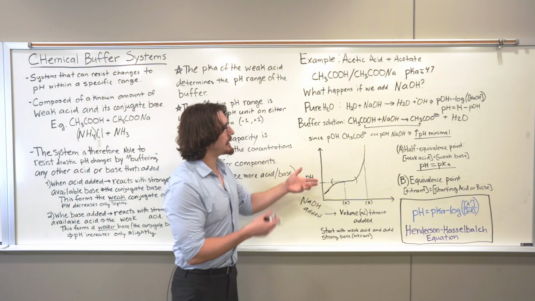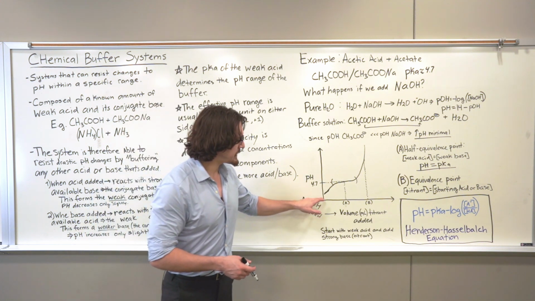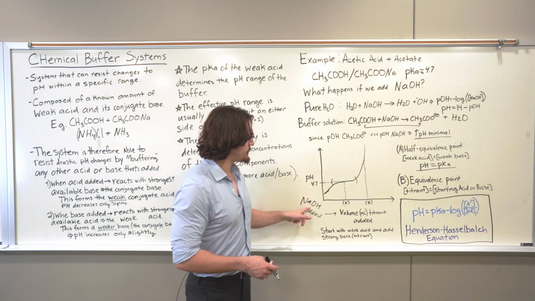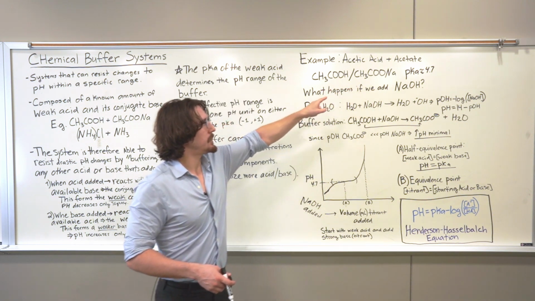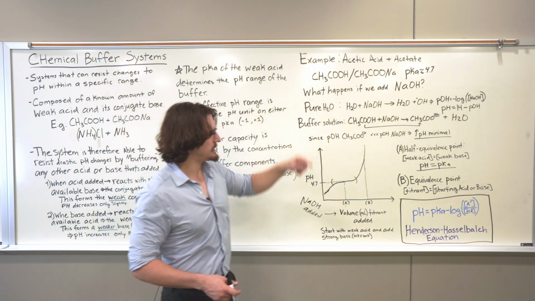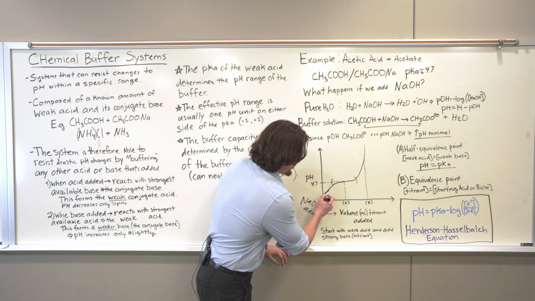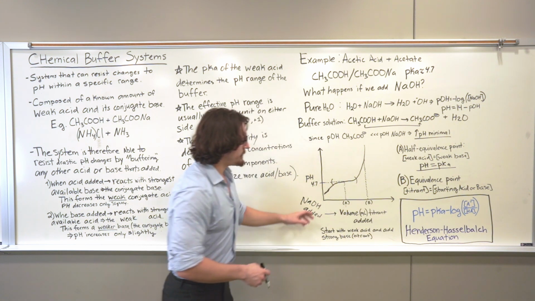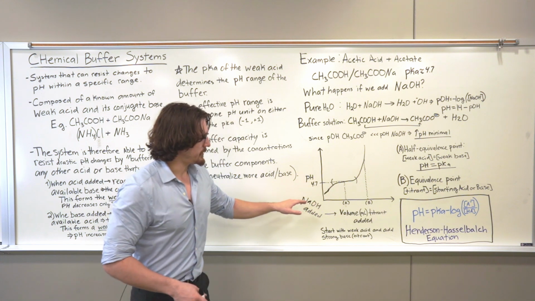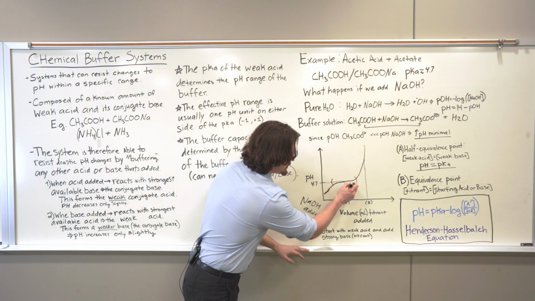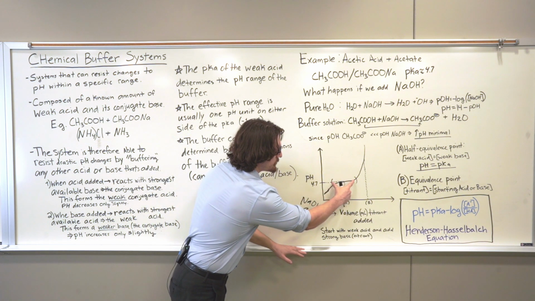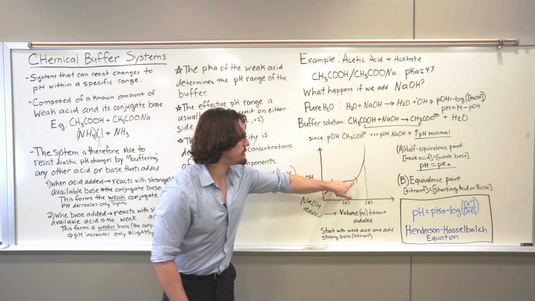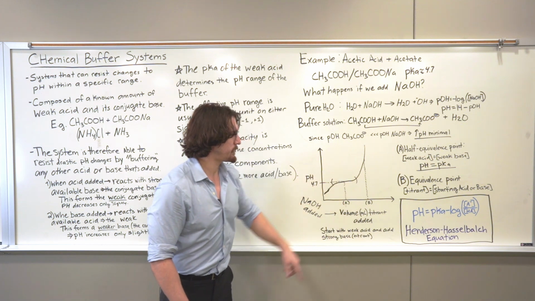But then when you start adding the sodium hydroxide, it's going to start reacting with this acid and producing some conjugate base, some acetate. And so the pH is going to be increasing, but not really drastically initially. And then it's going to get to this range where, after you continue adding sodium hydroxide, the pH really barely changes. This is going to be the buffer region, the buffer zone.